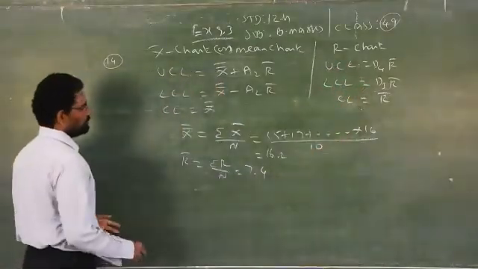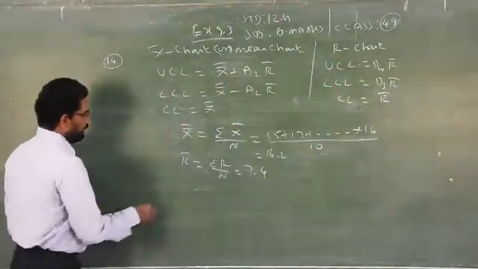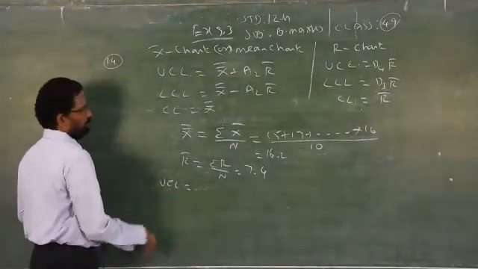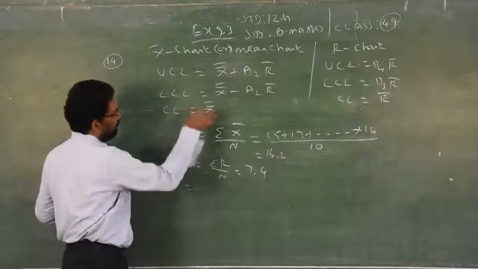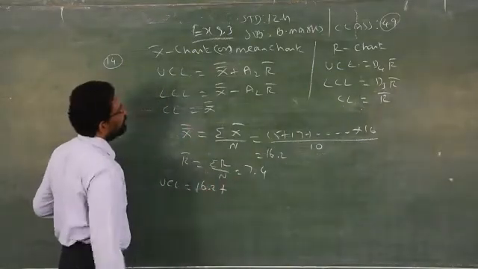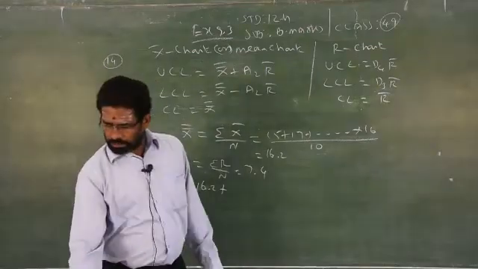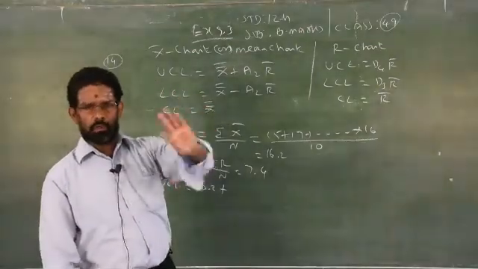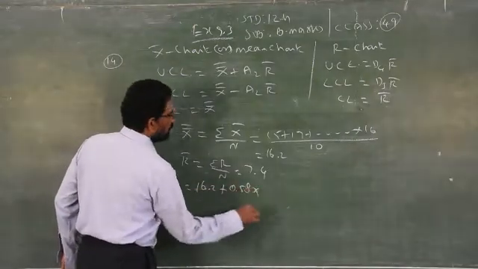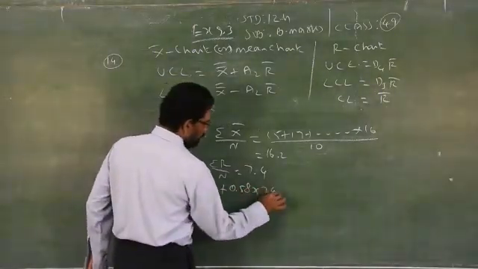We will do the calculations now, then I can draw the diagram. Now UCL is the upper control limit. Formula: X double bar, which is 16.2, plus A2. A2 is given already; they will give it in the book itself. Don't worry. 0.58 into R bar 7.4.